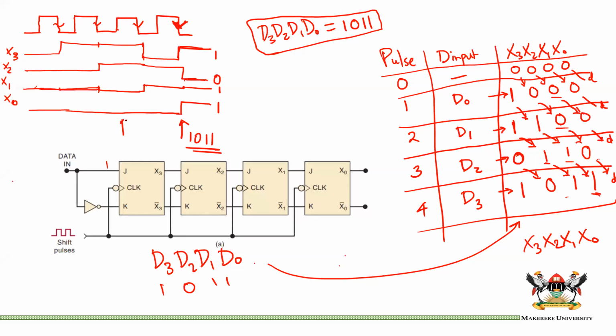At the 3rd clock pulse, it will be 0, 1, 1, 0. Anyway, there are so many things that you can do with this, but we are interested in transferring our information. So we are looking at the end of the pulse.